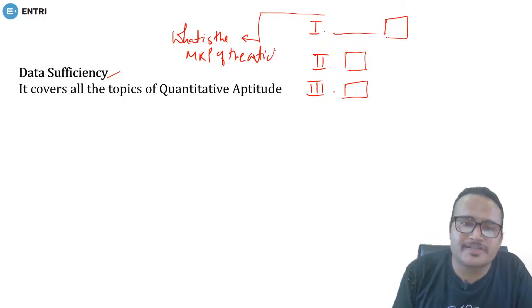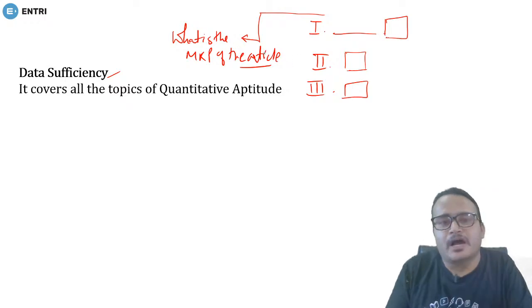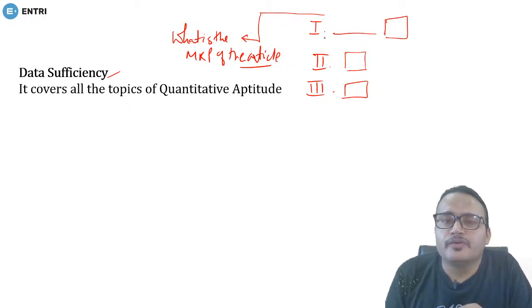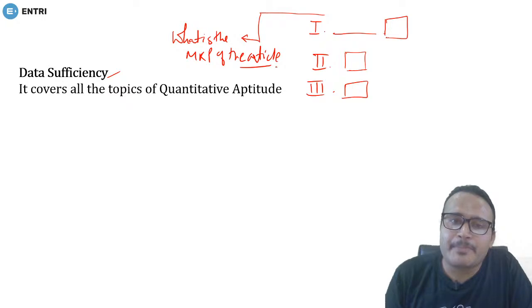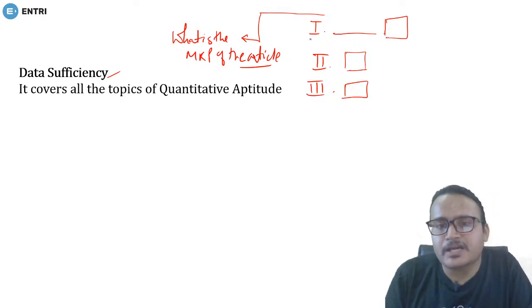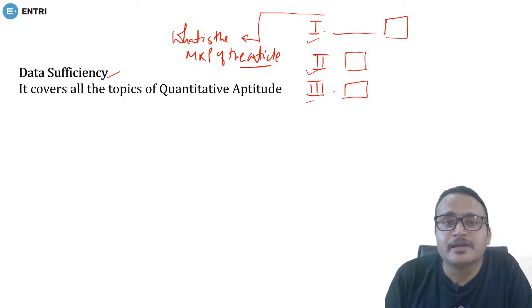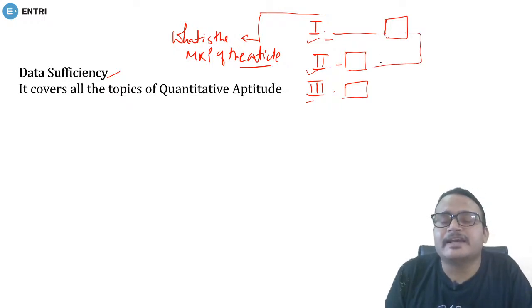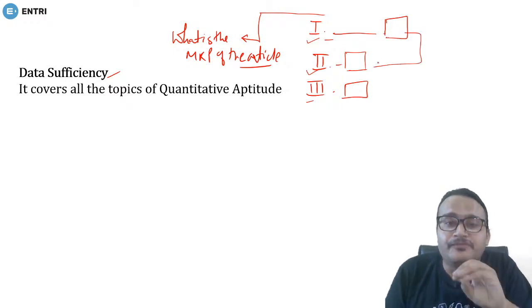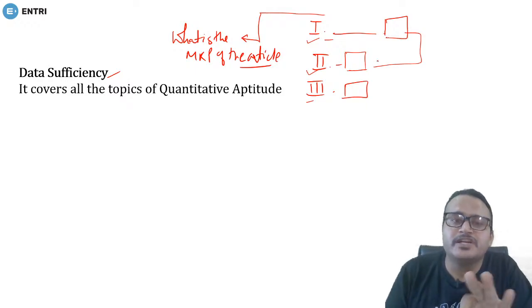I will show you the question in the next session, guys. What is the MRP of the article? So if in finding the MRP of that particular article, you are using the first statement and second statement, but you are not using the third statement, then you can mark that first and second statements are sufficient to find the MRP of the article.